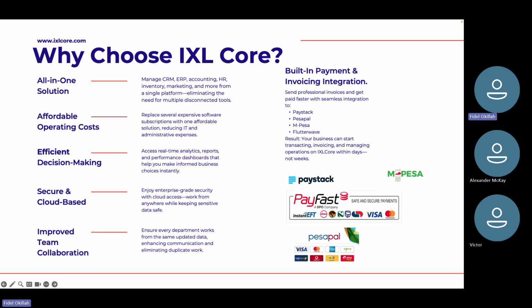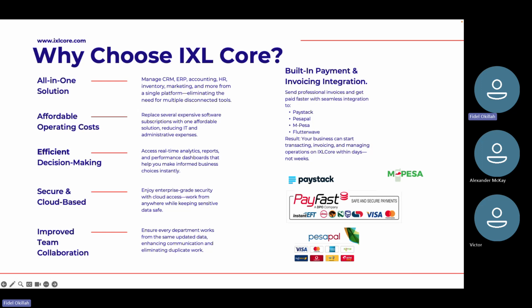The question is, why choose iExcel Core? One, iExcel Core is an all-in-one solution. Your accounting, ERP, CRM, HR, inventory, and purchase module, all in one platform, with one login into all the solutions. Because everything is consolidated and integrated, it becomes affordable in terms of operational costs.